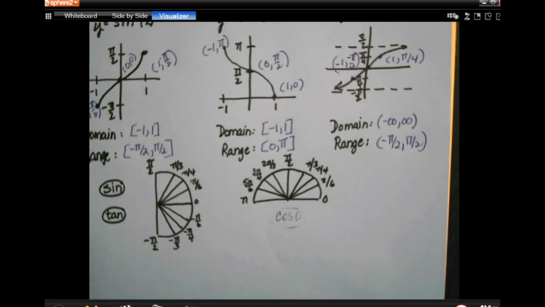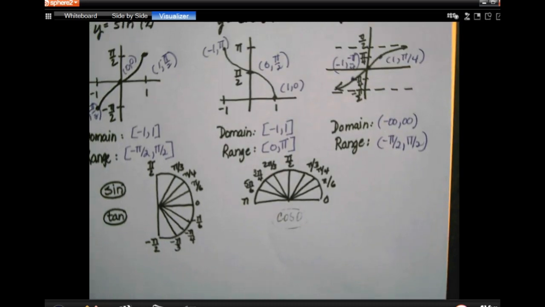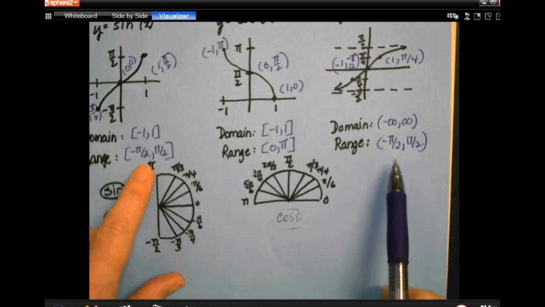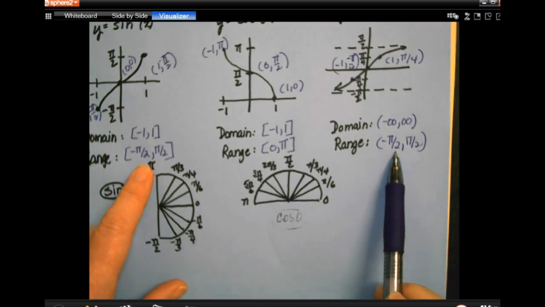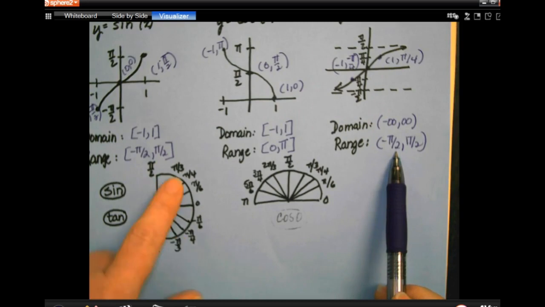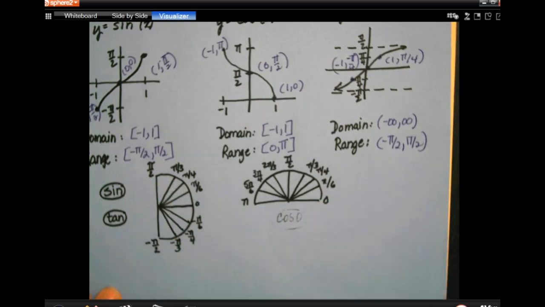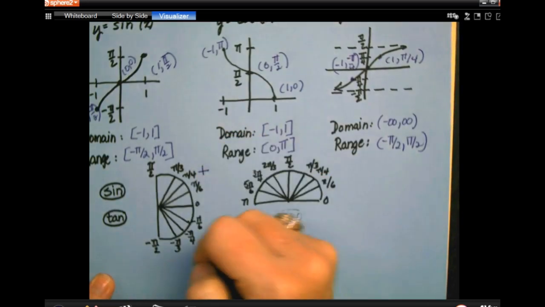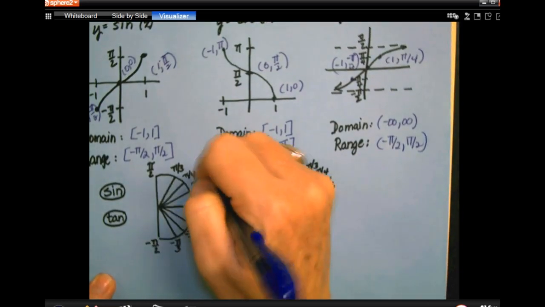If I'm going to draw this on the unit circle with these restrictions, since the range of the sine and the tangent are negative pi over 2 to pi over 2, this is what this looks like. This is what your sine looks like, and we're going to have all of our positive values up here and all of our negative values down here.